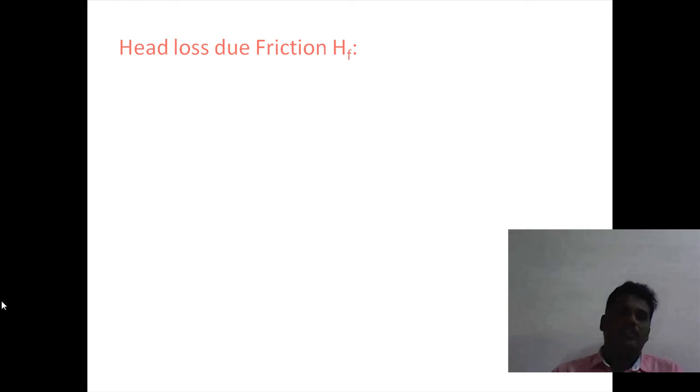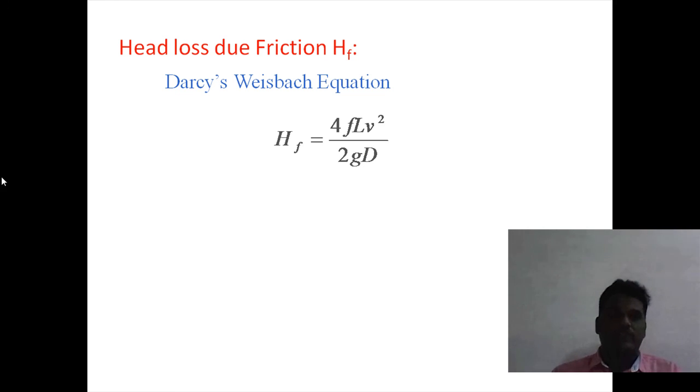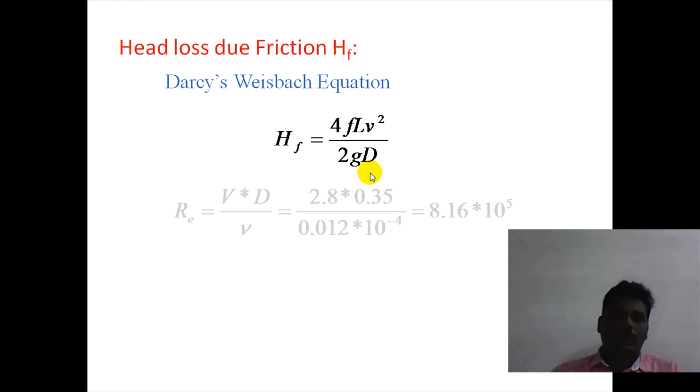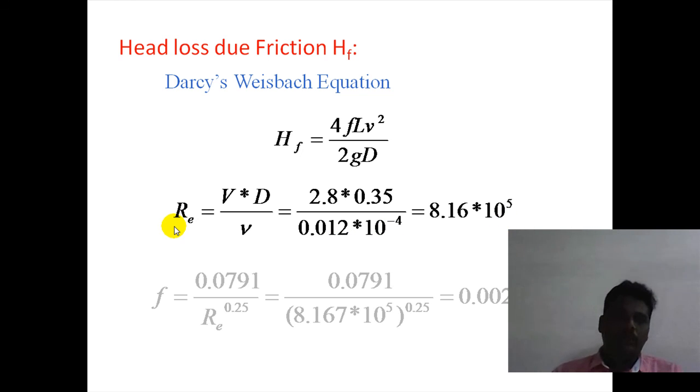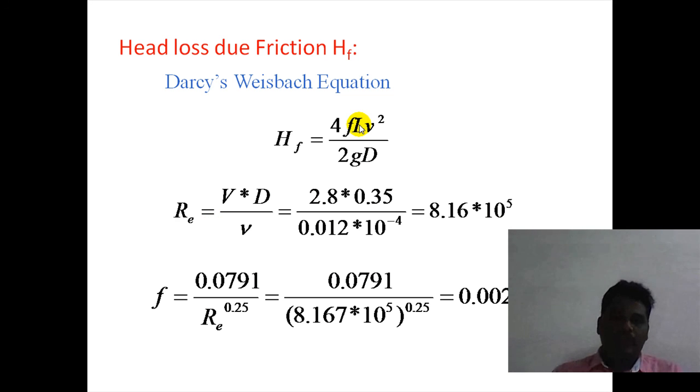Now head loss due to friction HF, using the Darcy Weisbach equation, is 4 f L V square by 2 g d. Now the Reynolds number is V into D divided by kinematic viscosity. V is 2.8, D is 0.35, the kinematic viscosity is 0.012 into 10 power minus 4. We get the Reynolds number value. Now, to find the friction factor, we have to find the Reynolds number first.